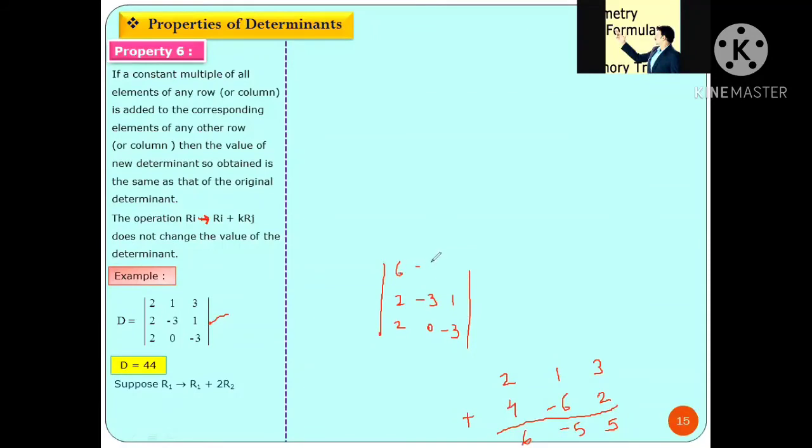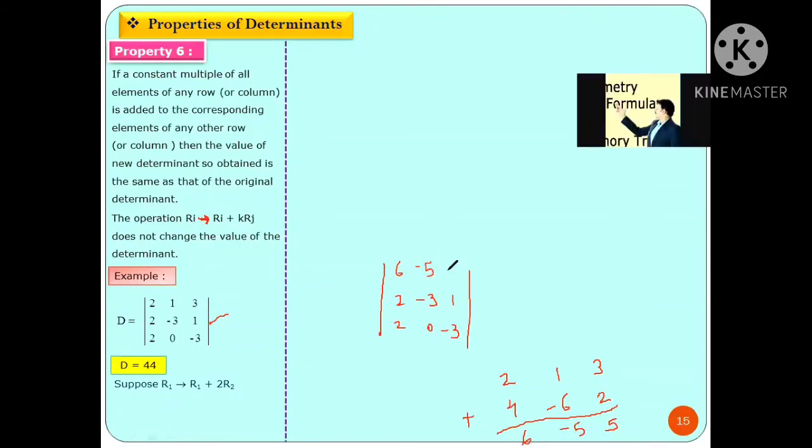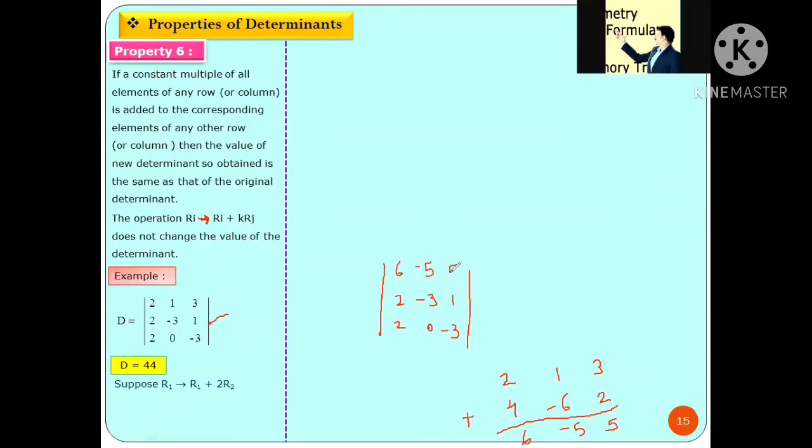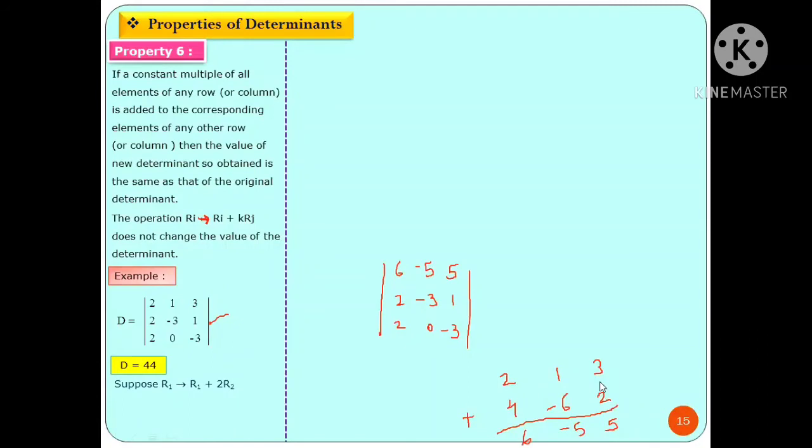So we apply the transformation on the first row, first row changes to R1 plus 2 times R2. So the new determinant is obtained here.